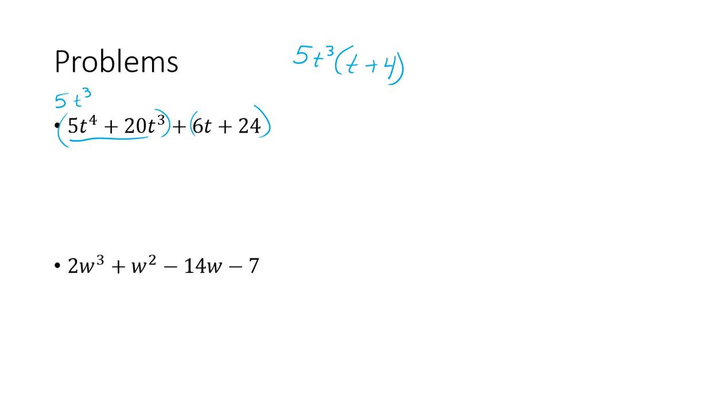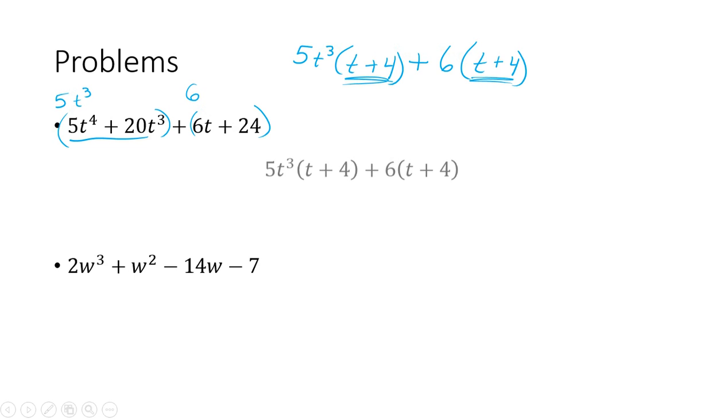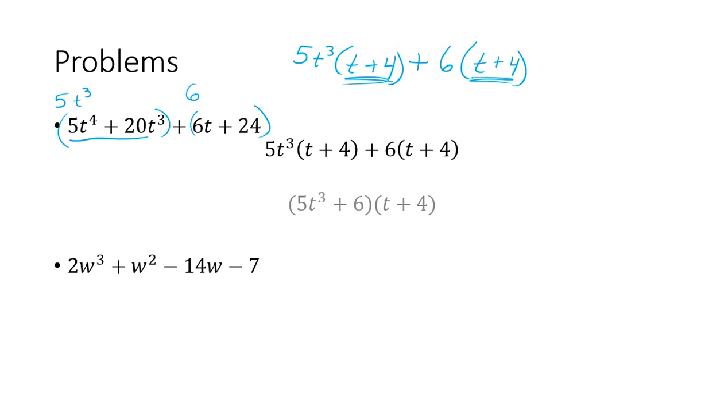Now, what can we take out of the second one? What's the greatest common factor of the second one? Well, that's a 6. So we'd go plus 6, parenthesis, t plus 4. And as we see here, the numbers in the parentheses are the same, which means that's one of our answers, and the other answer is what's left out in front of it.